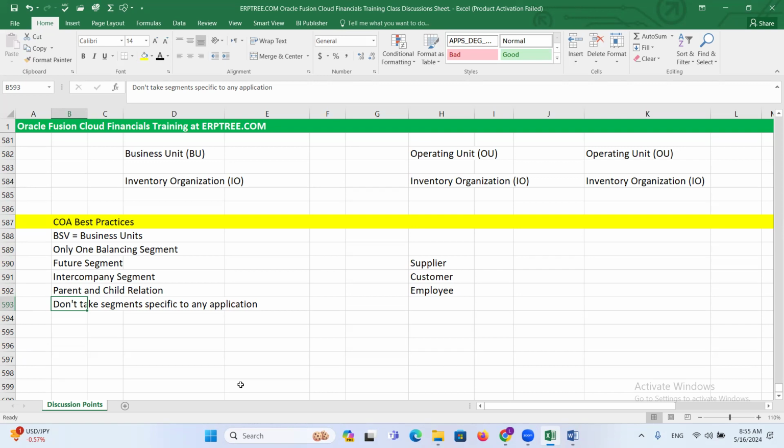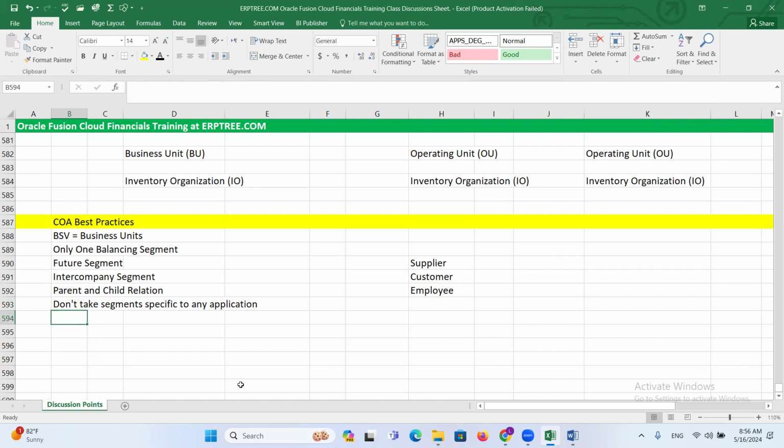Don't take segments specific to any application. When you design the chart of accounts, don't take anything as a segment if it is going to be useful for a specific application only, or if the data can already be maintained in those applications.